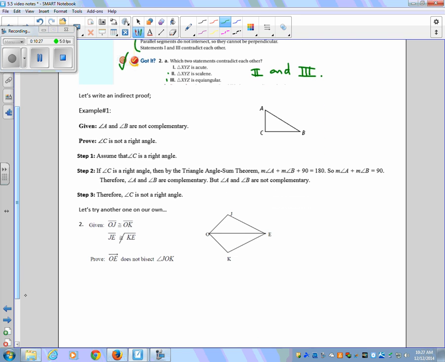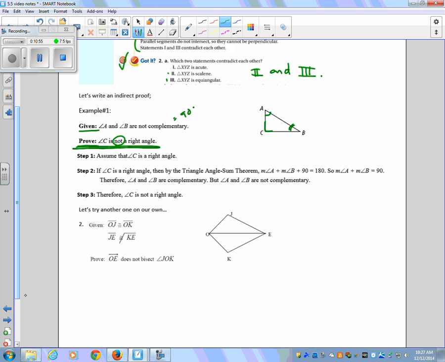Okay, let's write an indirect proof. So this first example here says, here's our given, and here's our proof. Notice our proof is to prove that this angle C is not a right angle. The given says that angle A and angle B are complementary. We don't know what they are, but we know they add up to 90 degrees.